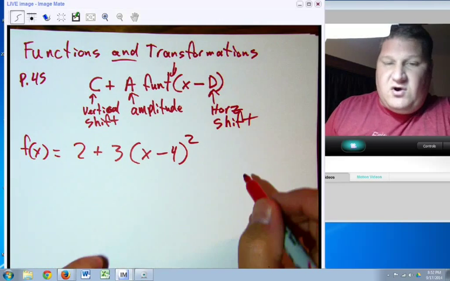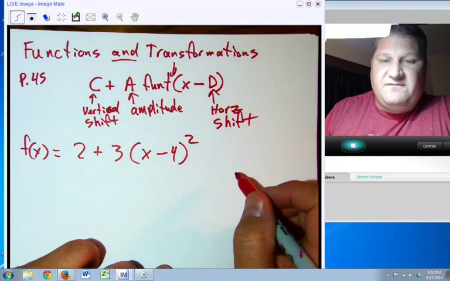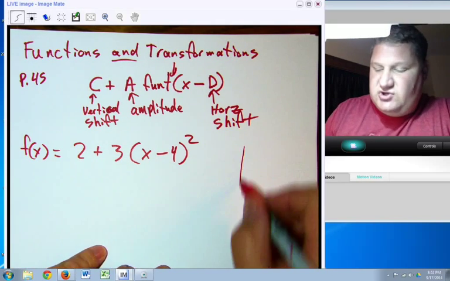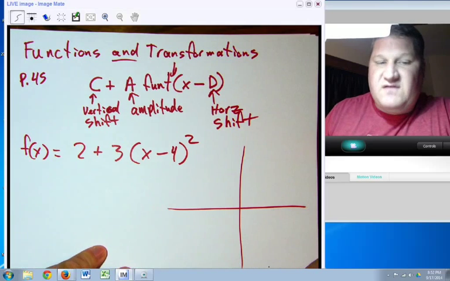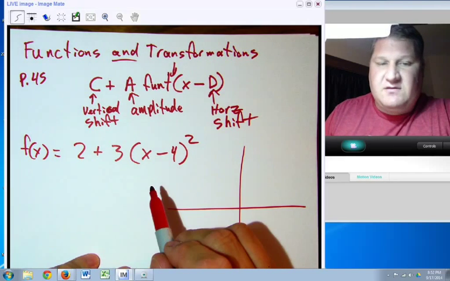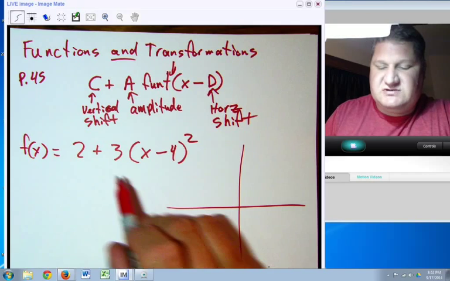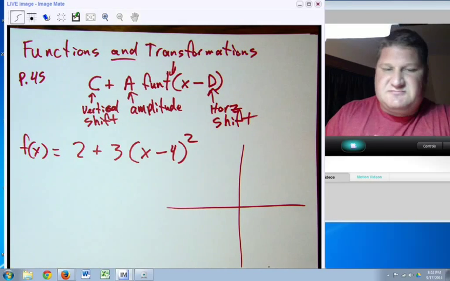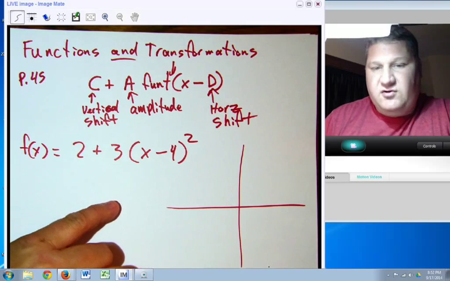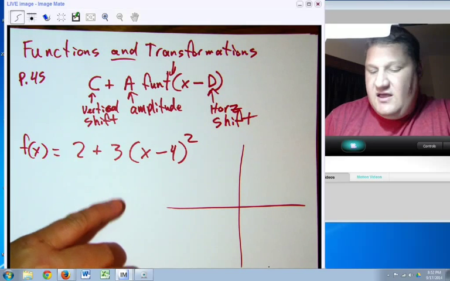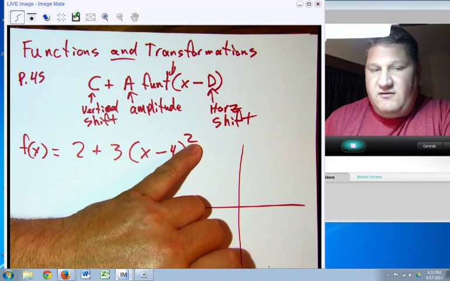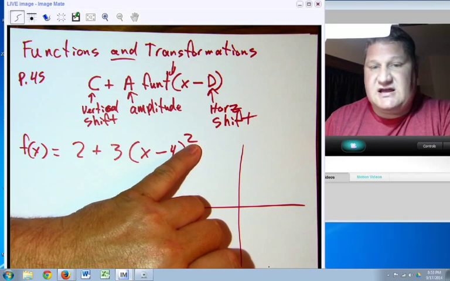Now, for every single graph of this that you do, I want to see each step. The very first thing you're going to do is graph the parent function. By parent function, we say, what kind of function is this? It's not y equals mx plus b. It's not an absolute value. It's not a square root. It is, in fact, a parabola. It's going to be a quadratic function because it's raised to the second power.